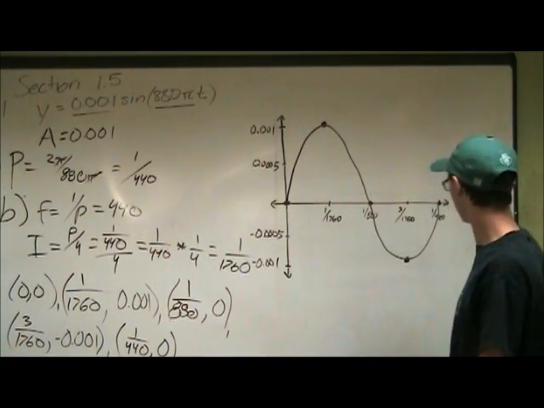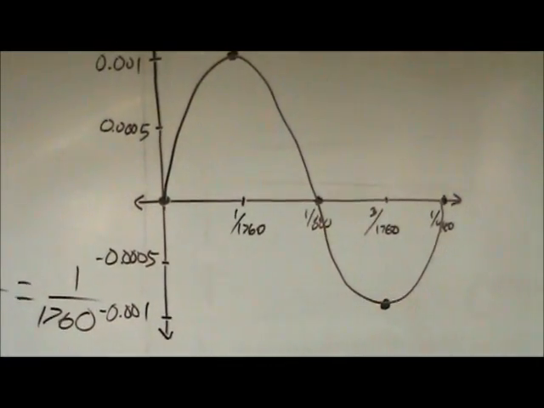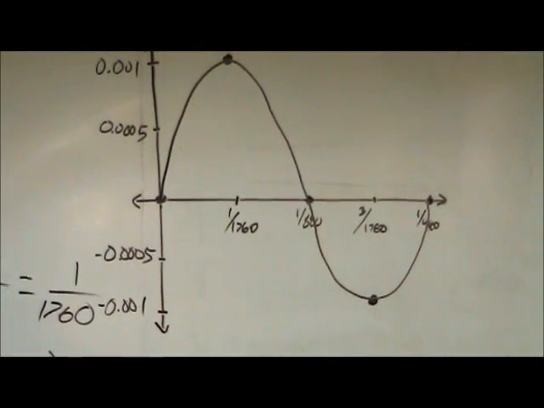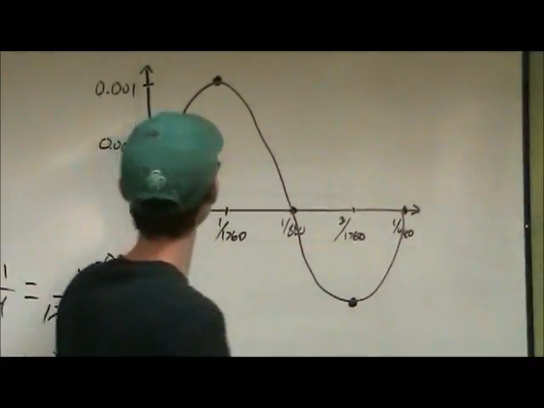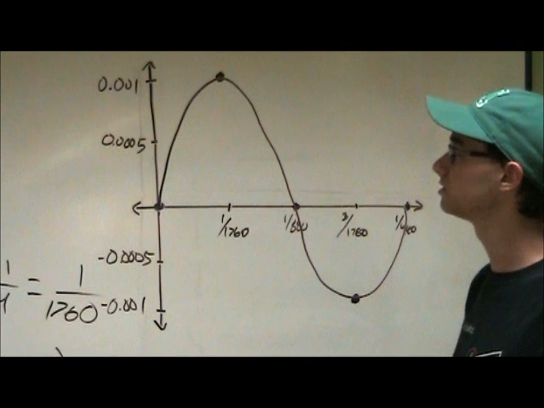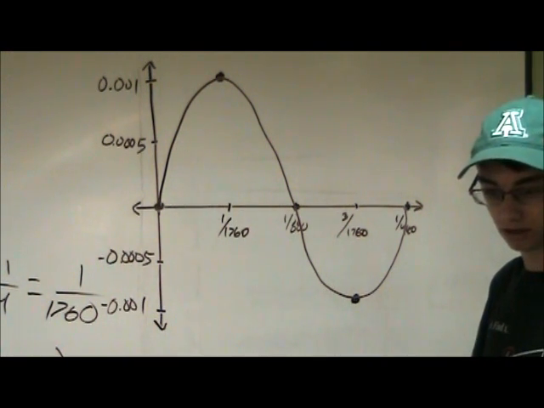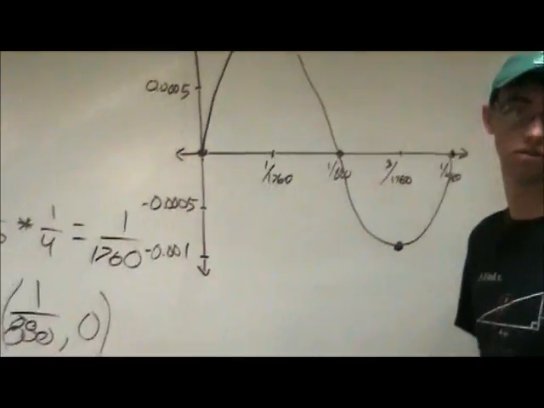So, yeah. I believe that's it. Yeah, no, I covered the frequency, so it looks like this problem has been solved. So, that's how you do section 1.5, number 91, and we're done.